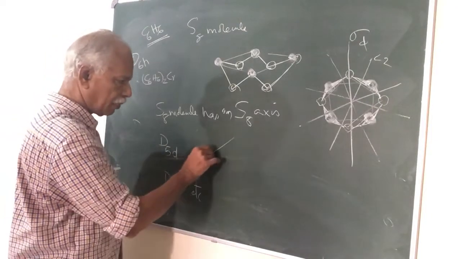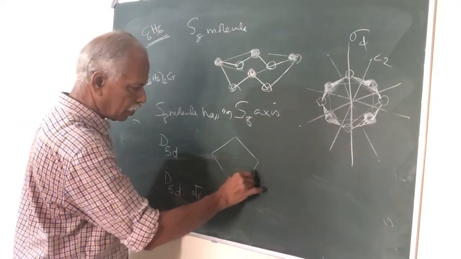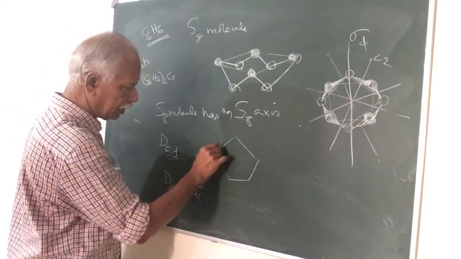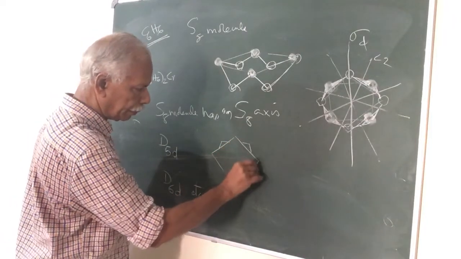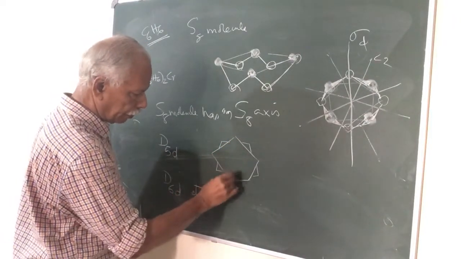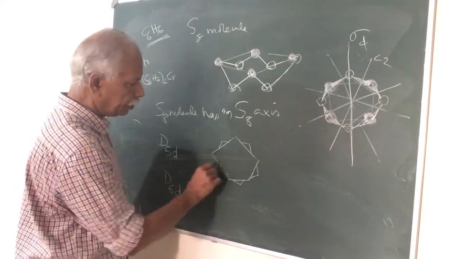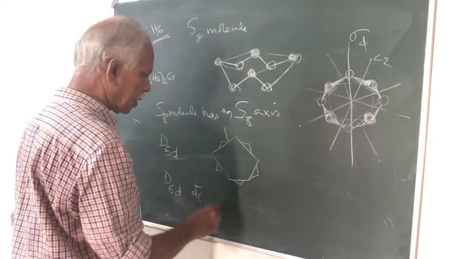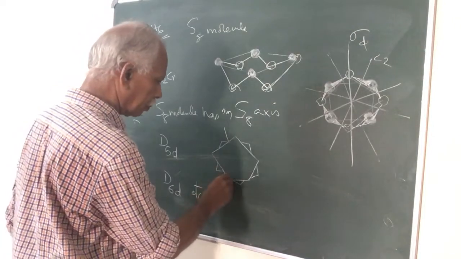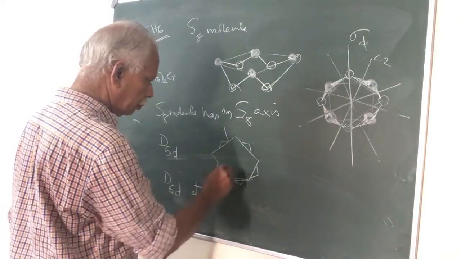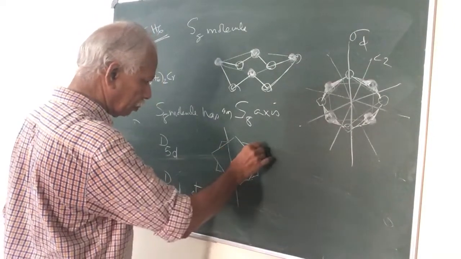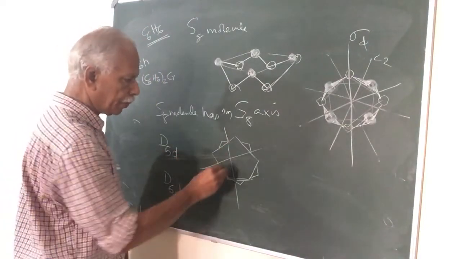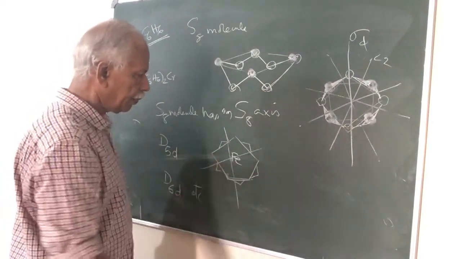Staggered. If you look at it from the top, staggered ferrocene will look like this. And these are the C2 axes. There is iron in the middle.